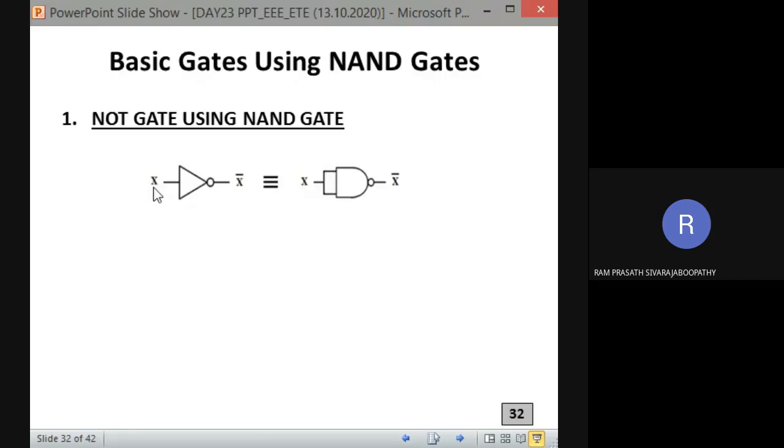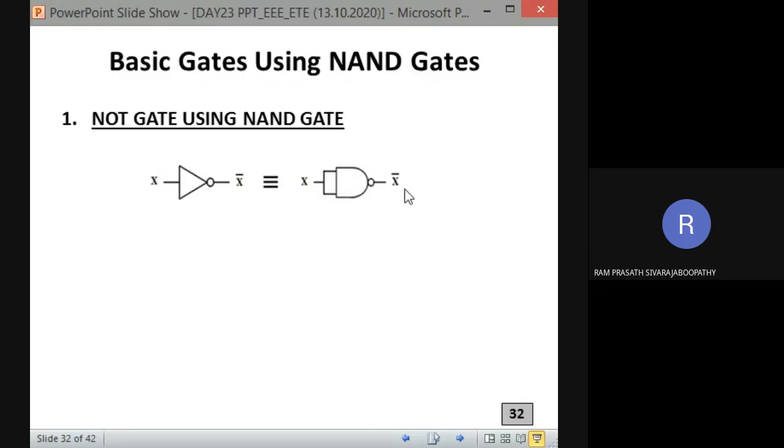Fine. Now you can see the left hand side. If we apply NOT gate to X, we get X bar. See what we get here. If I am giving the same input to both points, X to both inputs, what about the final outcome? What about the expression for NAND gate?